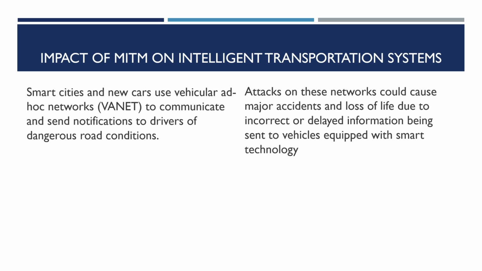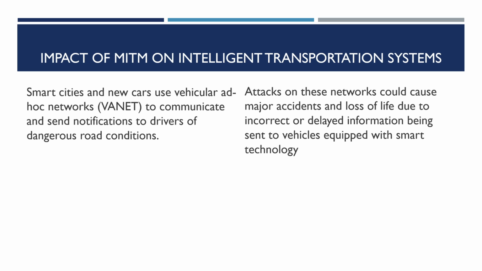Now, it might be a little easier for an attacker to exploit one of these networks, again, because these RSUs are spread out throughout the city. That makes it easier for an attacker to first have an opportunity to gain access to those systems, and it also makes it harder to pinpoint exactly which RSU was exploited and sending the wrong information to drivers.